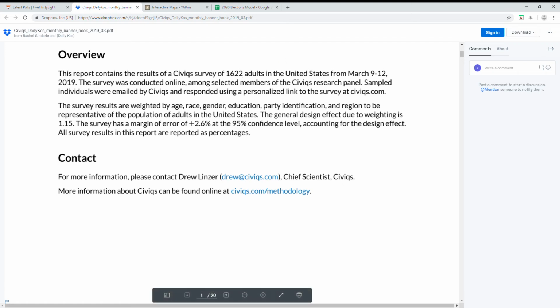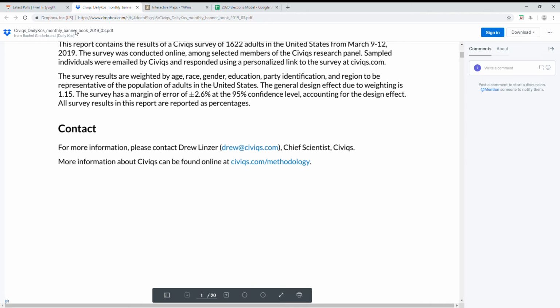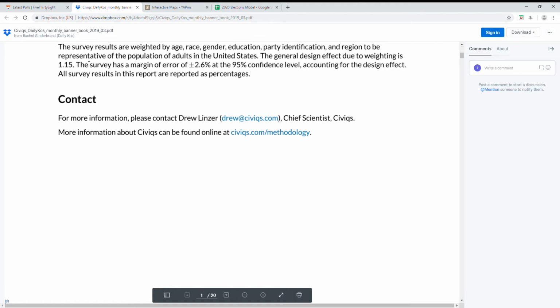It was done in early March, so it's good to know. But this was also conducted by email. Survey results are weighted by age, race, gender, education, party identification, and region to be representative of the population of adults within the United States. General design effect is due. Okay.